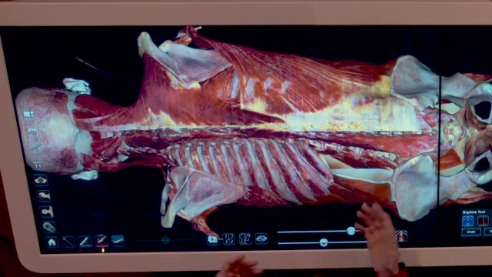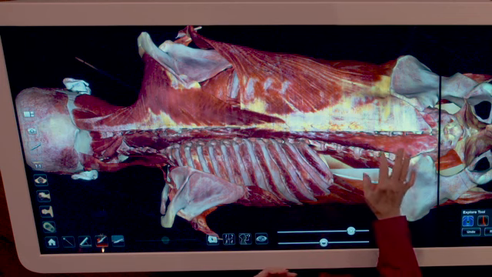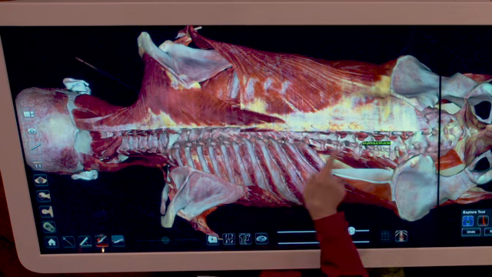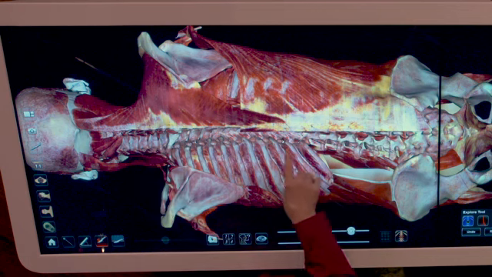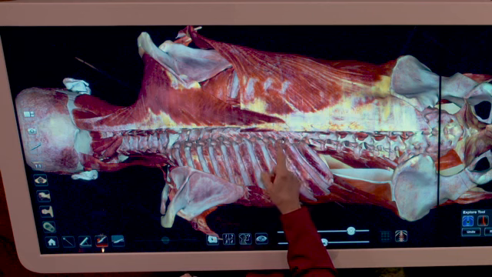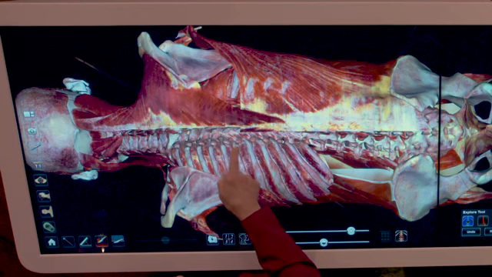Then we reach the next deepest level, which are the multifidus. We can see those come off in a row. Now we reach the rotatores, which are long and short rotators spanning 1 to 2 vertebral segments.